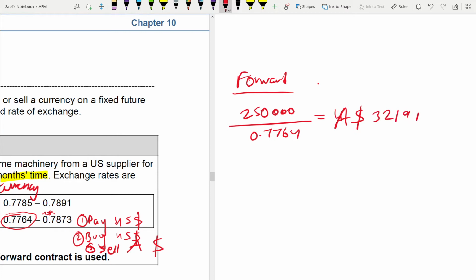Keep it as a whole number, don't put in decimal. So you see, this is the amount you'll be getting under forward.